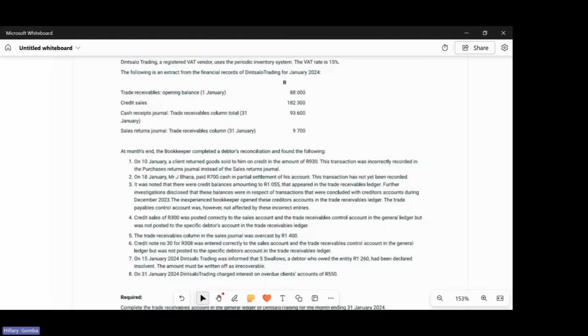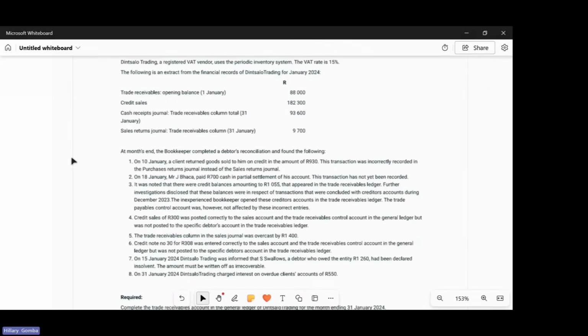Number 5 says the trade receivables column in the sales journal was overcasted by 1,400. Number 6 says credit note number 30 for 308 Rand was entered correctly to the sales account and the trade receivables control account in the general ledger, but was not posted to the specific debtors account in the trade receivables ledger. On 15 January 2024, Dijalo Trading was informed that S Swallows, a debtor who owed the entity 1,260, had been declared insolvent.